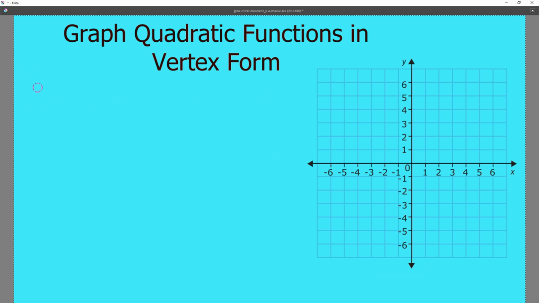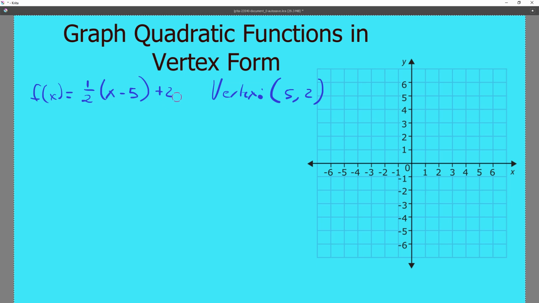One last one. Okay, my vertex is at 5, 2. Opposite of negative 5 is 5. Same as 2, so positive 2. So 5, 2. And this number is positive, so it opens up.